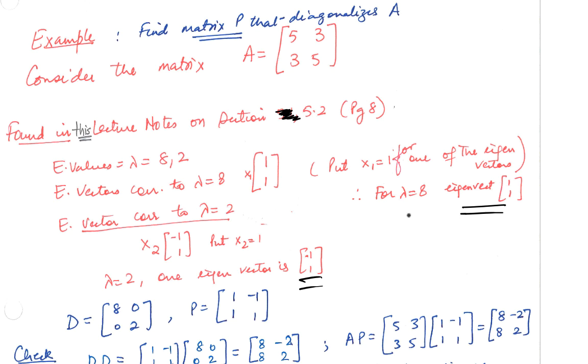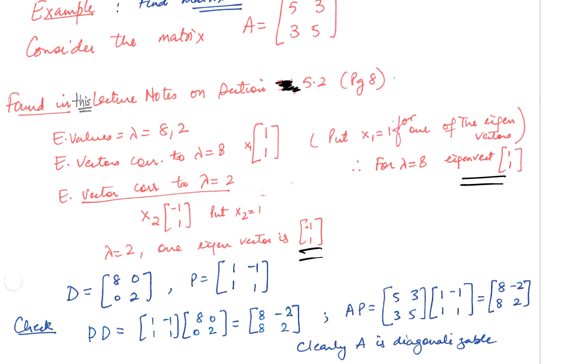If you put these two eigenvectors in a matrix P, we want to prove that P diagonalizes A. That means I want to find a diagonal matrix D such that D is P inverse A P, that is, D is similar to A. Equivalently, PD equals AP.